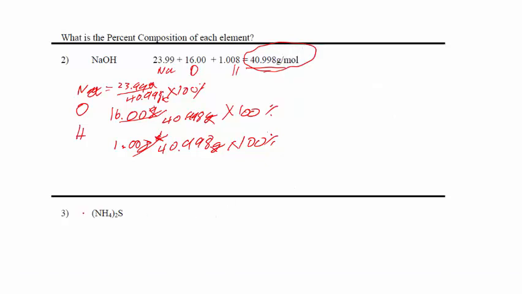Here we have two of the same thing, so what we have to do really is figure out how much of each. I have nitrogen, hydrogen, and sulfur. Nitrogen is 2 times 14.007.